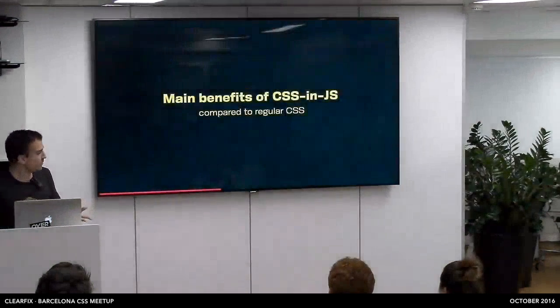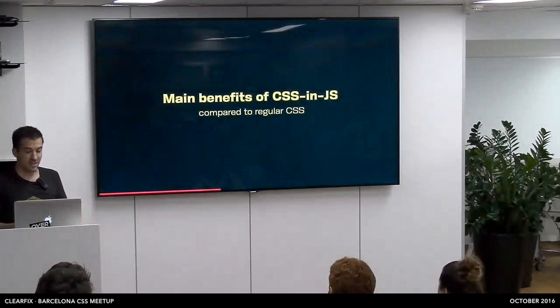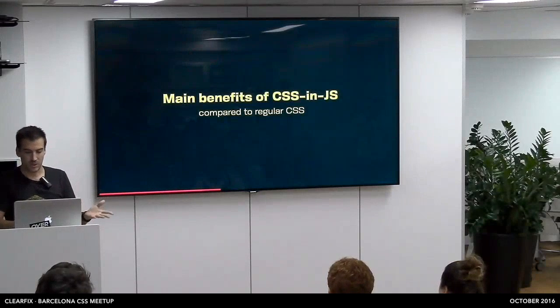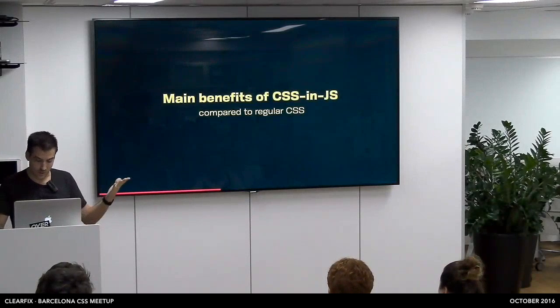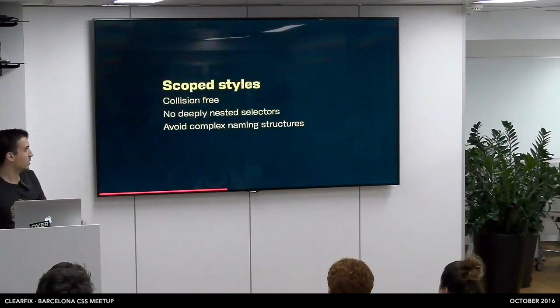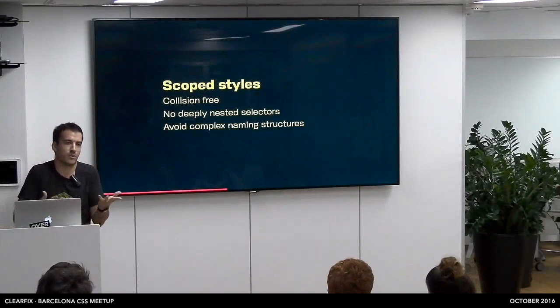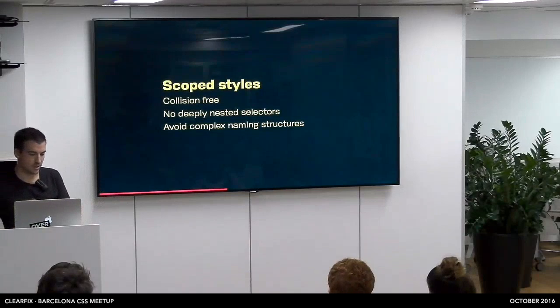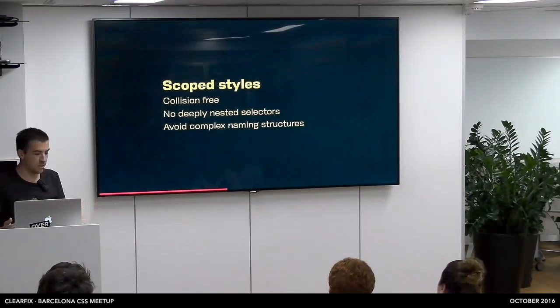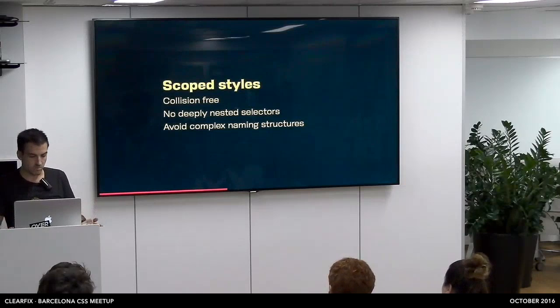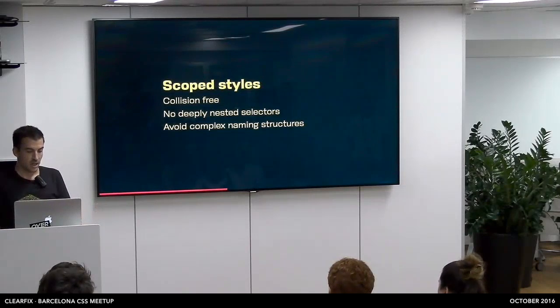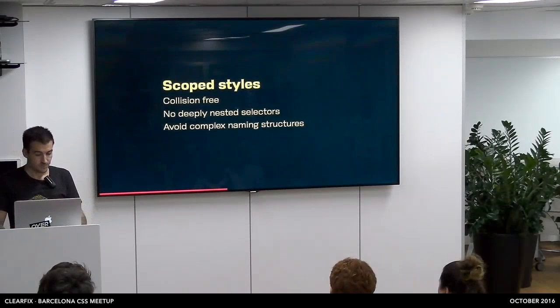So what are the main benefits of writing CSS inside your JavaScript compared to regular CSS? The first one we already covered before. You get scoped styles. Most of the libraries do this scoping of styles, so you get fewer collisions. You don't actually need deeply nested selectors, although you can do it.